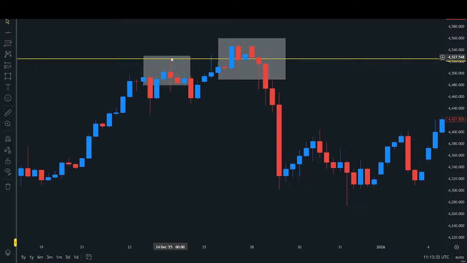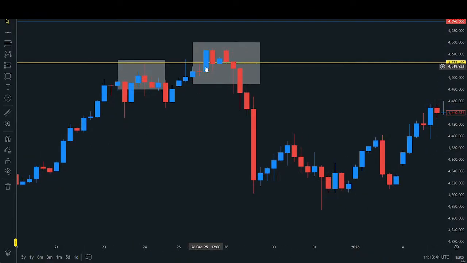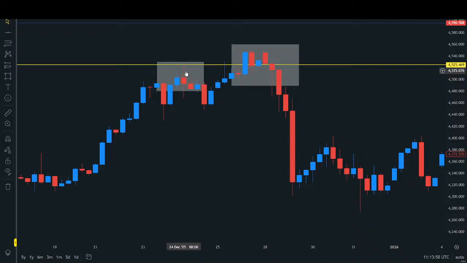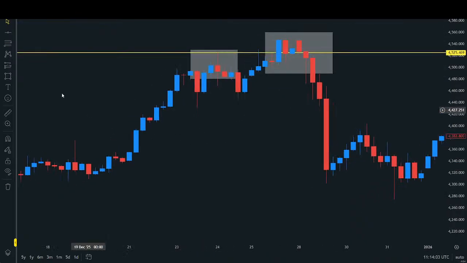This is where their stop loss is. Then the market makers come in to sweep out all the liquidity that was gathering in the zone. This is where the manipulation takes place, because most traders expect that this is where the market should reverse.